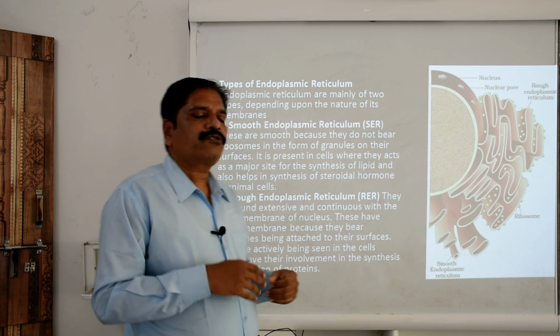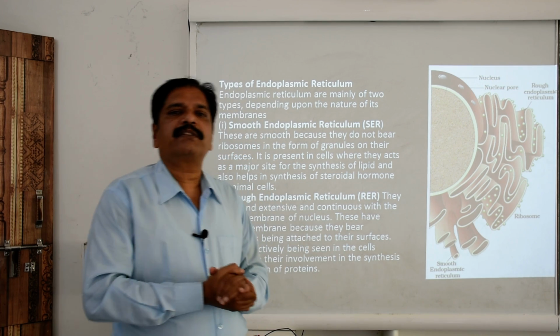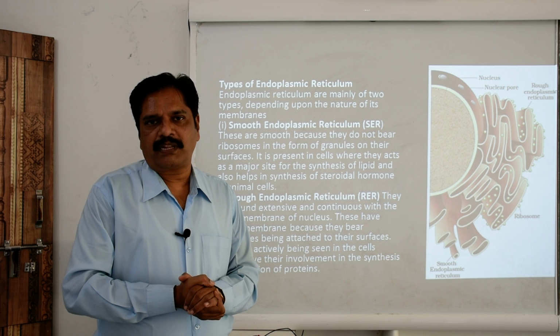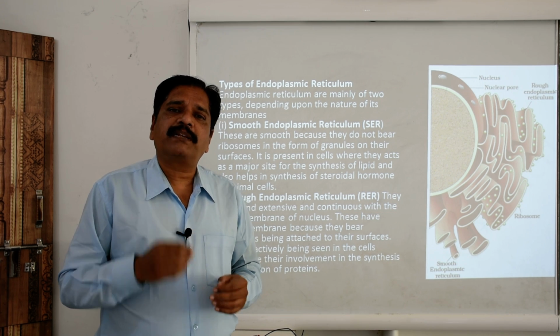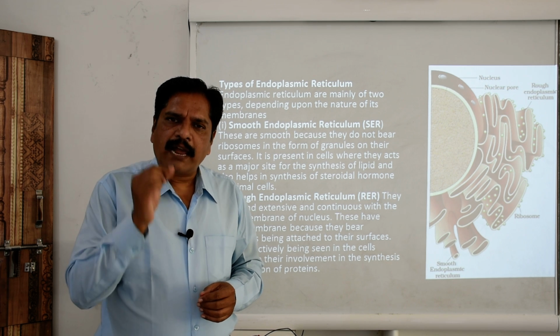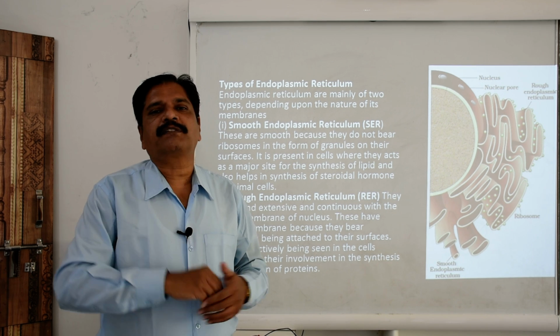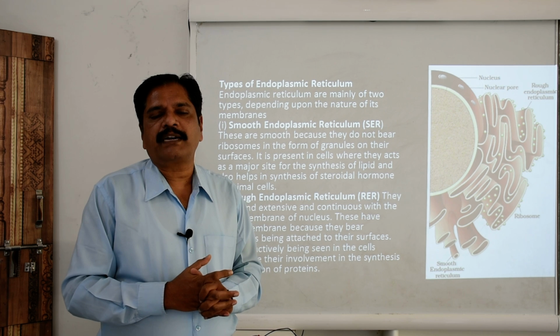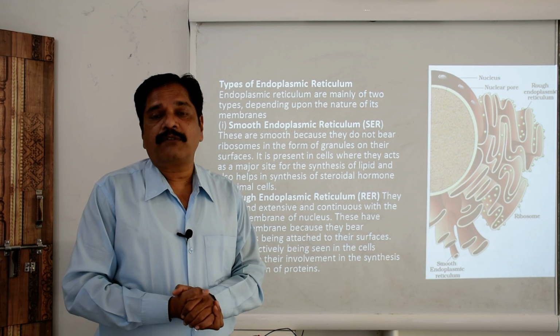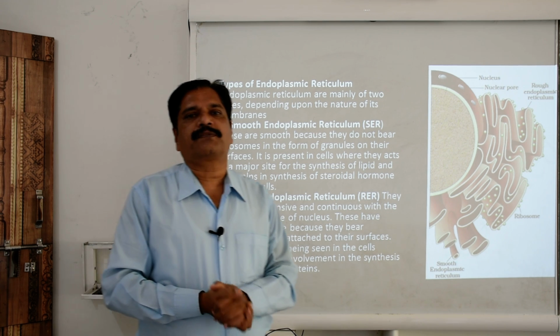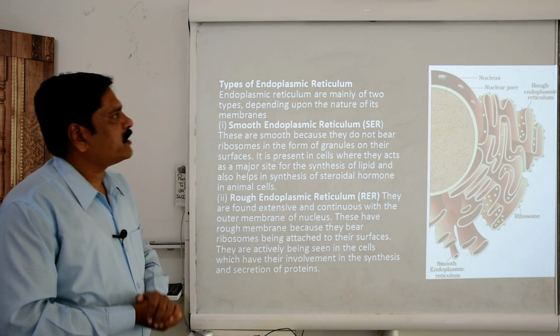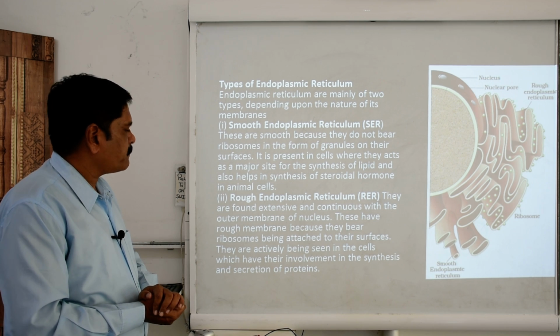It is just because of the presence and absence of ribosomes on their outer surface, clear. The endoplasmic reticulum which has ribosomal units on its outer surface is called rough endoplasmic reticulum, and the endoplasmic reticulum without this granular particulate structure is called smooth endoplasmic reticulum, clear.